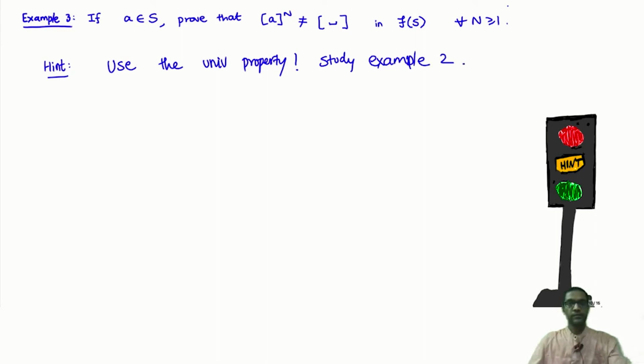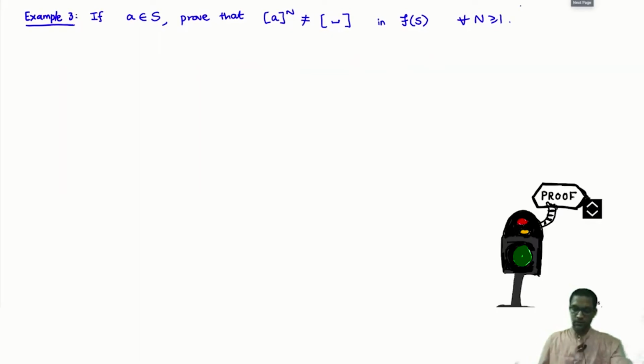See if you can prove this in a similar way. Okay, moving on. So here's the proof. Again, similarly, I just need to pick a group K. So I choose K to be an infinite group.